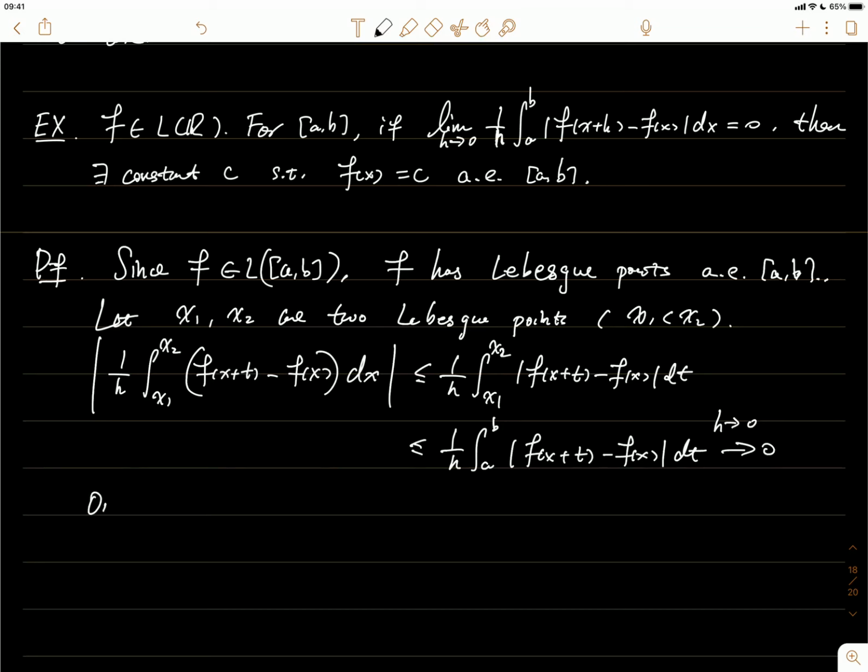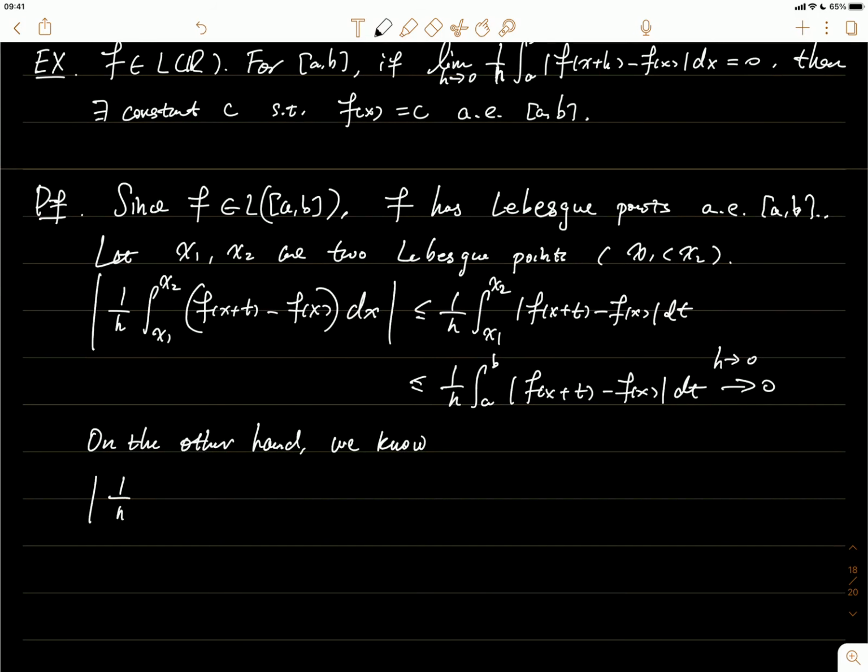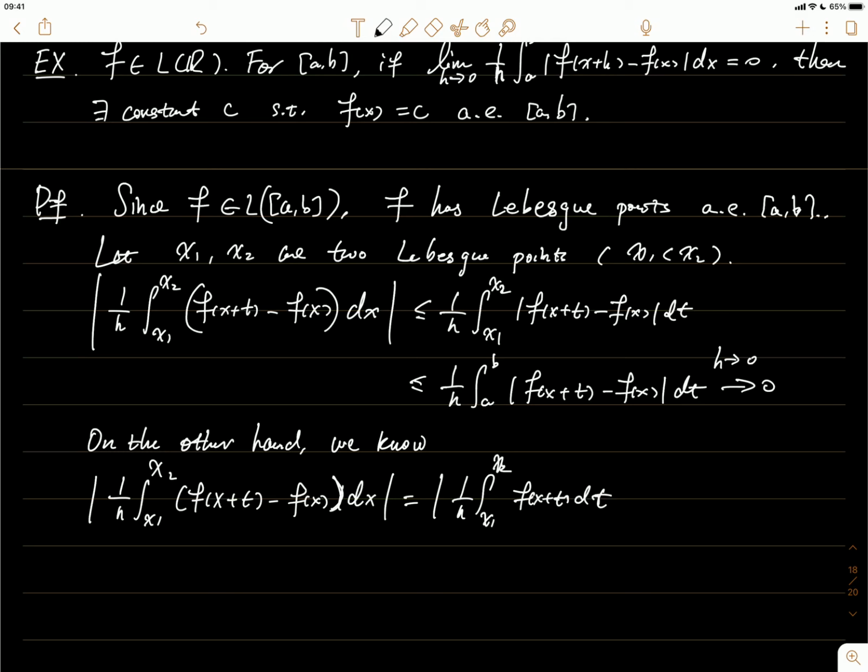But on the other hand, let's recompute this integral in a different way. Let's just split these two terms. The first term is the integral from x1 to x2 of f(x+h) dx.